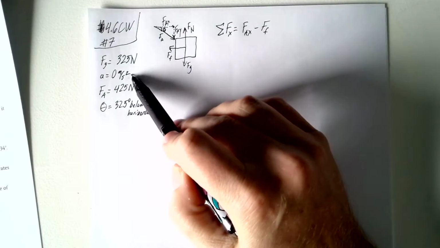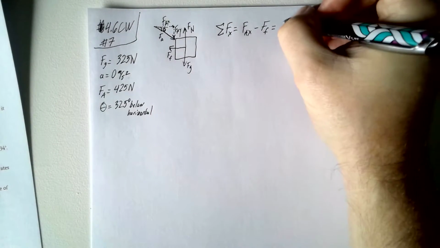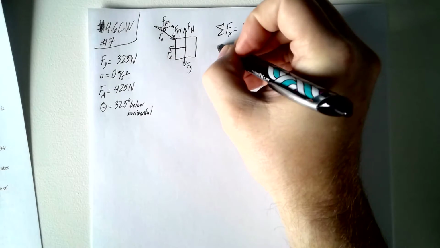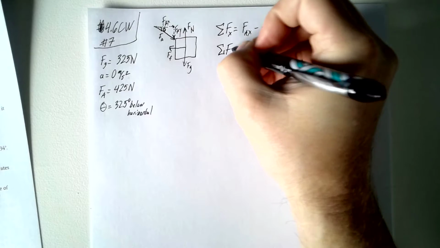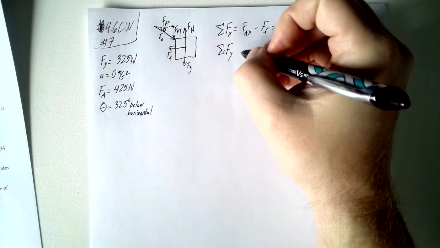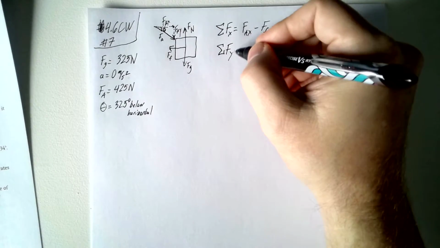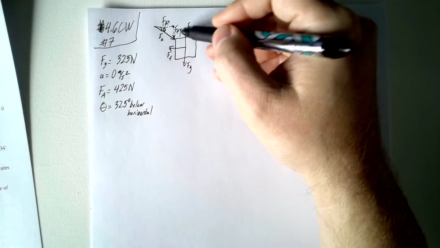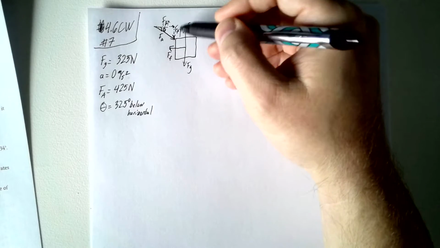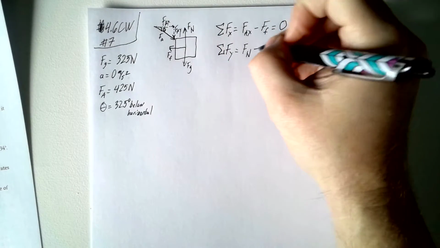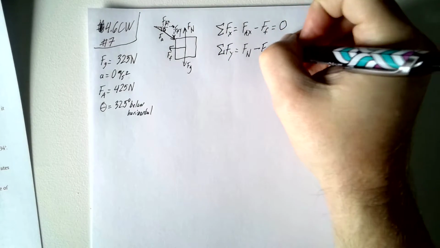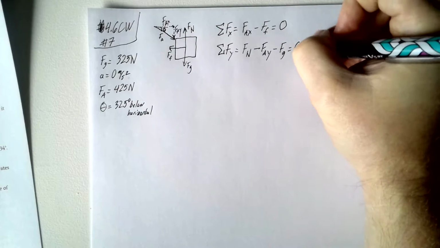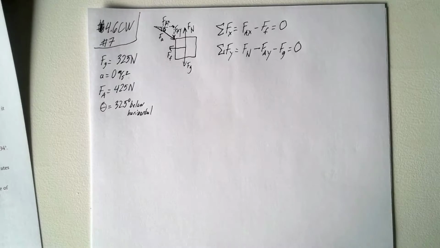We don't have an acceleration here, so we can set this equal to 0. Our net force in the y is Fn in the positive. FAY is in the y direction as well, but it's negative. It's being pushed down into the ground. So minus FAY, and then minus Fg. We're sitting on the ground, so both of these equal 0.